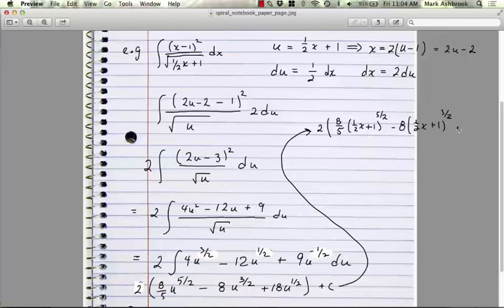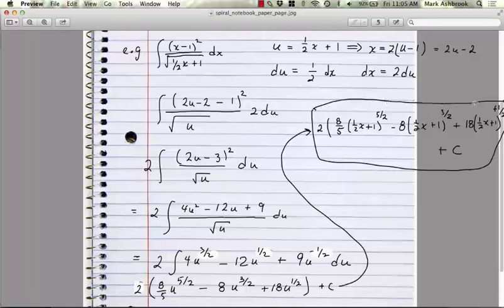Plus 18 times 1/2 x plus 1 to the 1/2. No, it's positive, sorry. You're right. 18, 1/2 x plus 1 to the 1/2.